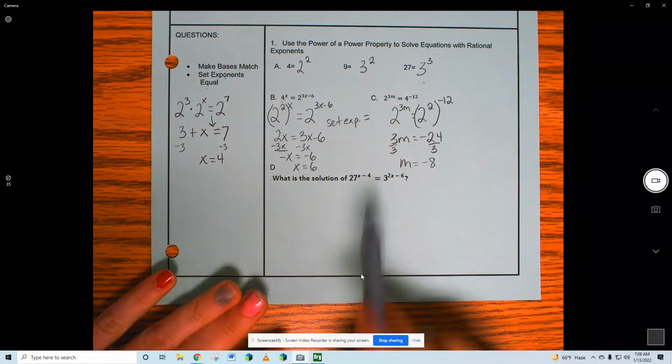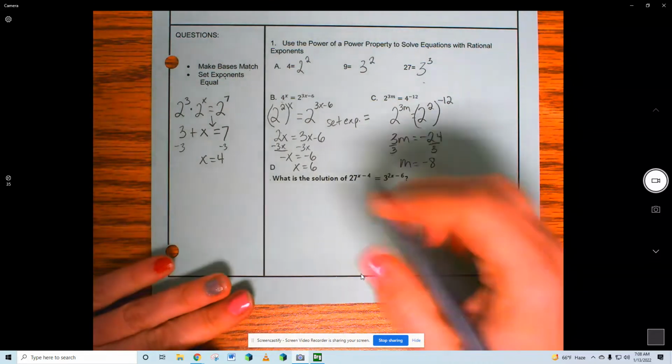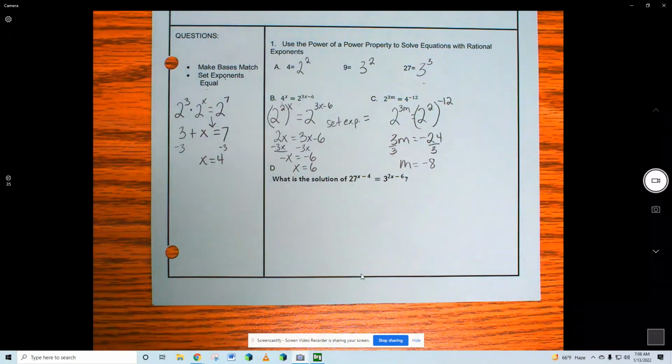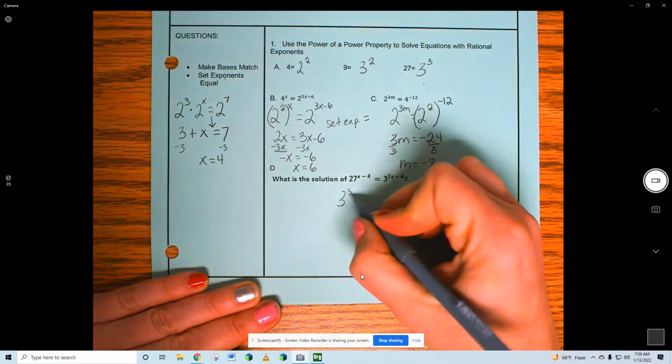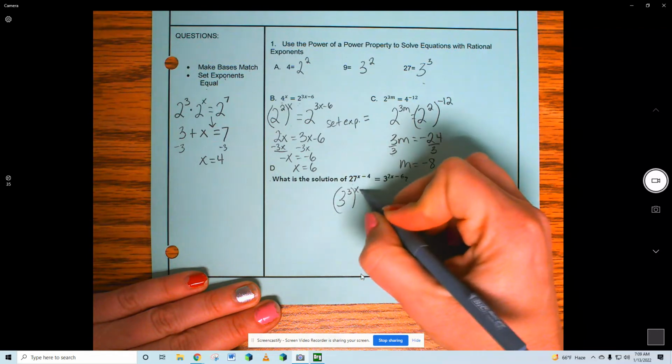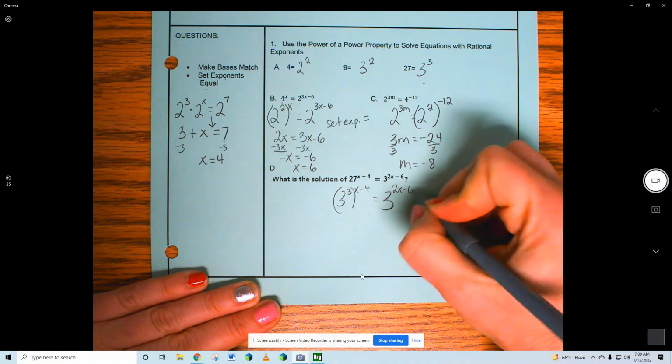So, again, what does 27 become? How do I write 27? What do I replace it with? Someone new. Yes. Emily. 3 cubed. 3 cubed to the x minus 4 equals 3 to the 2x minus 6.